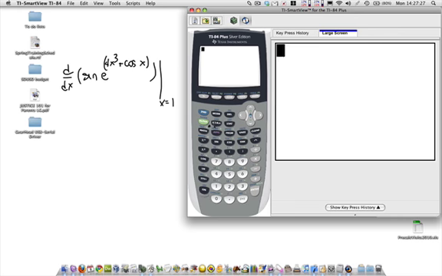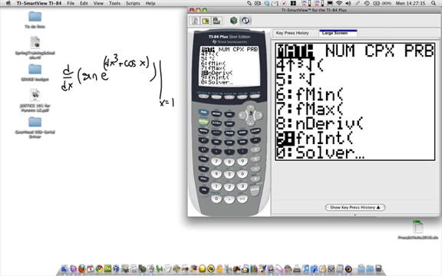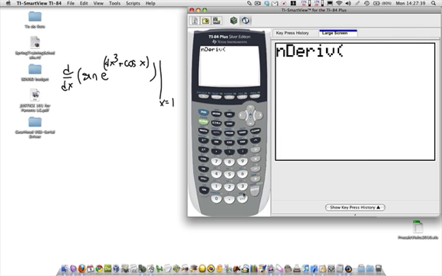Okay, no problem. What we do is click Math. Go down to the bottom again. This time do nDeriv. And now let's plug in the formula. The function is sine of e to the 4x cubed plus cosine of x.